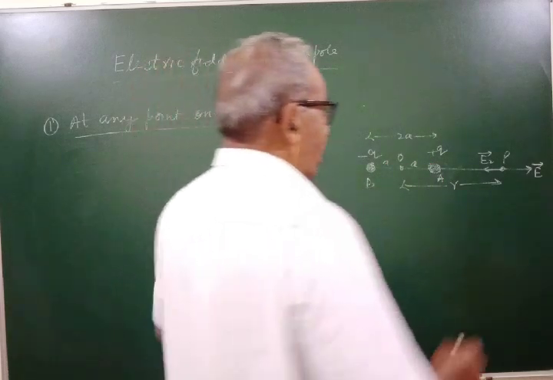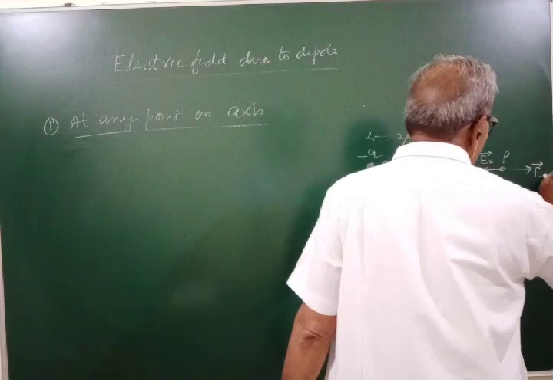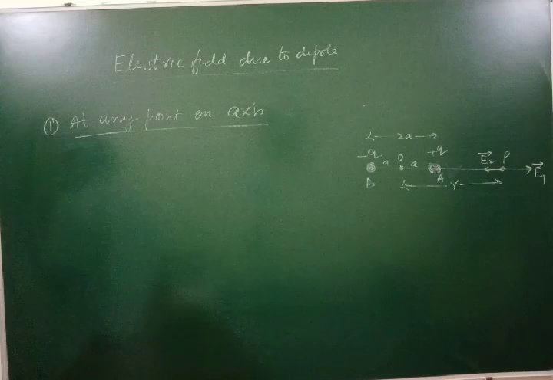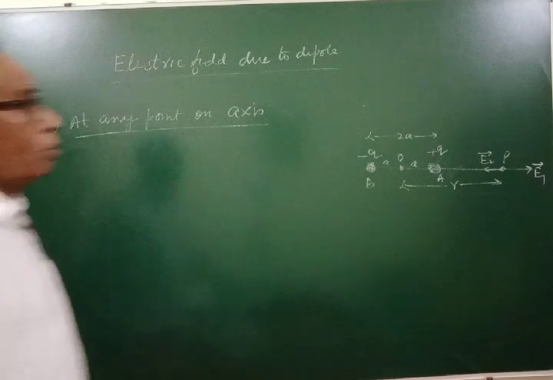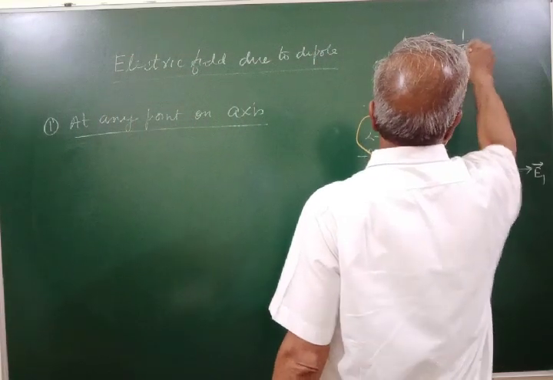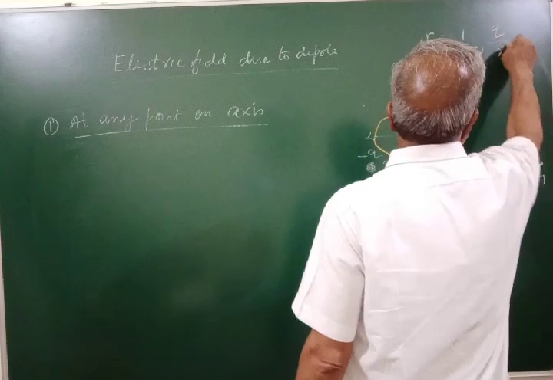Now, to find the electric field at P, we find the field due to the plus q charge. We know the magnitude of the electric field due to a point charge q at distance r is q upon r square. We will use this.